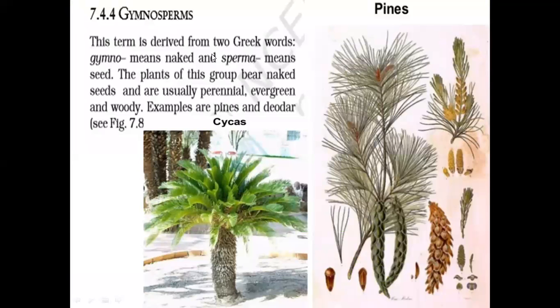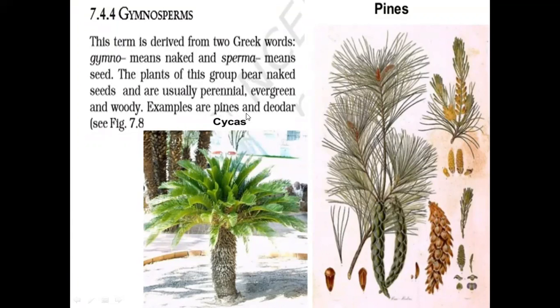Now we'll come to the gymnosperms. This term is derived from two Greek words, gymno, which means naked, and sperma, which means seed. So the plants of this group bear naked seeds and are usually perennial, evergreen, and woody.